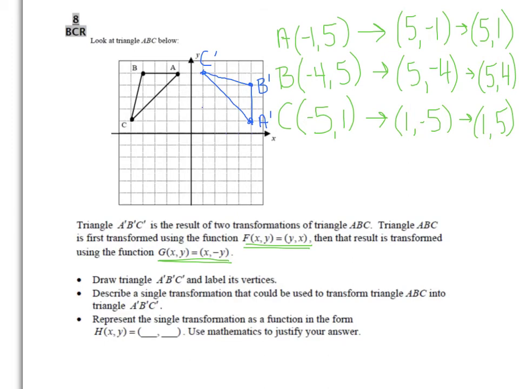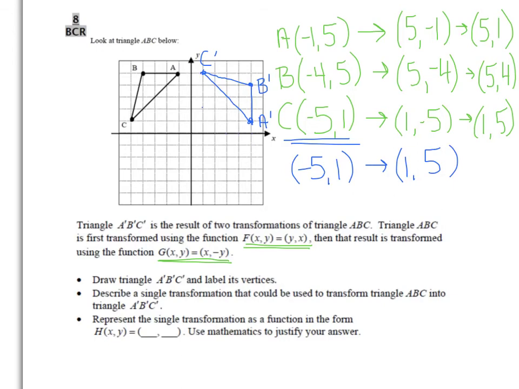Next, it asks us to describe a single transformation that could be used to transform triangle ABC into triangle A prime, B prime, C prime. Well, let's just look at coordinate C. I'm starting at -5, 1, and ending at 1, 5.